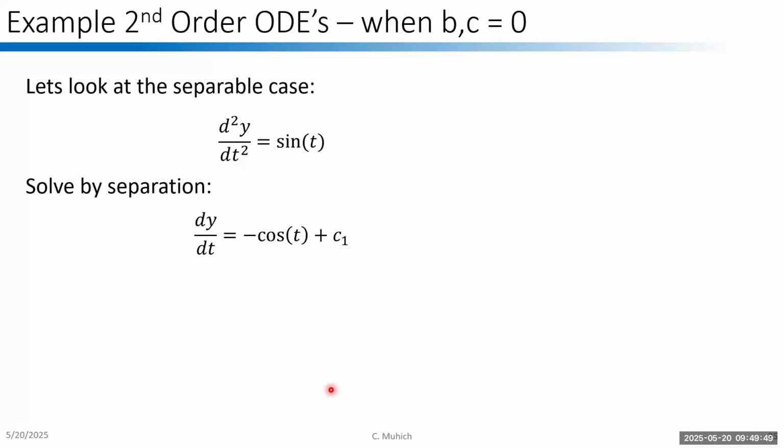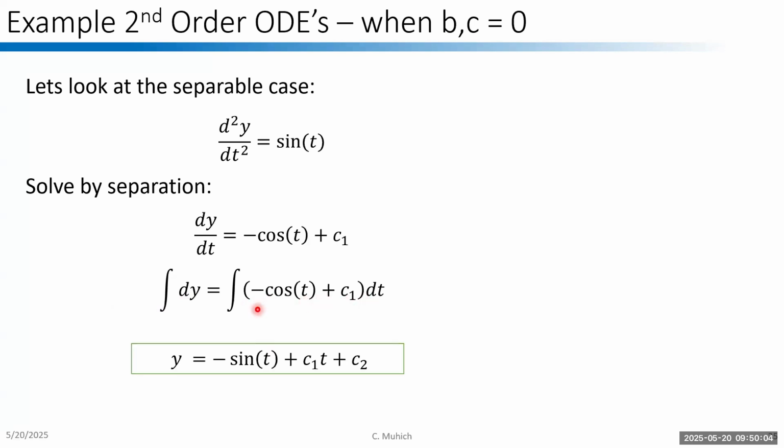Again, I can solve this by separation of the variables. I'm left with the integral of dy equal to the integral of minus cosine t plus c1 dt. Y integrates out. The antiderivative of cosine is sine, so I'm left with a minus sine of t.